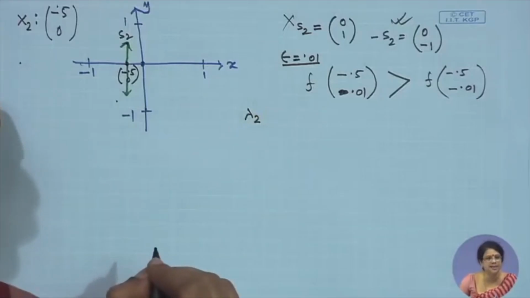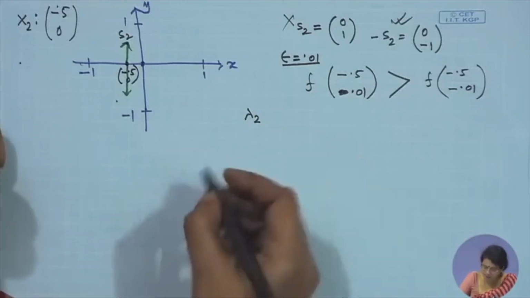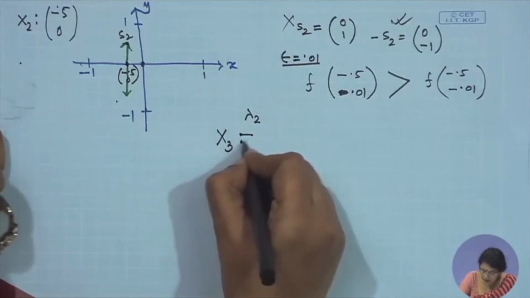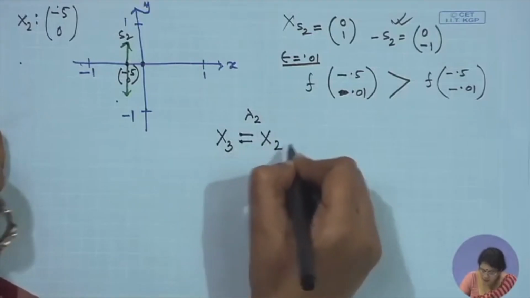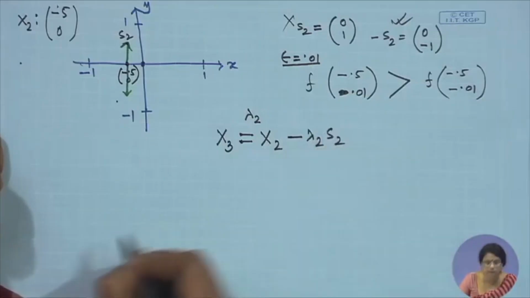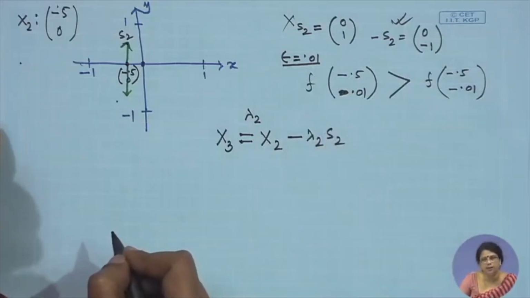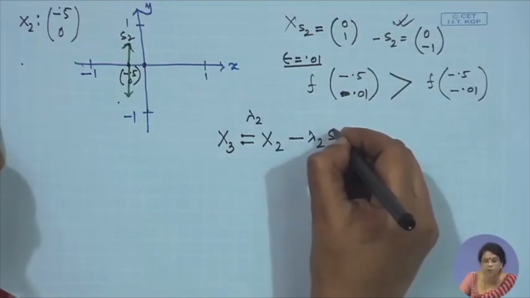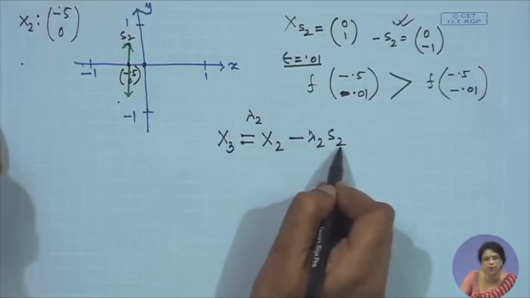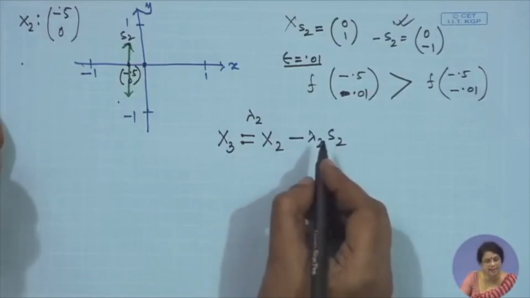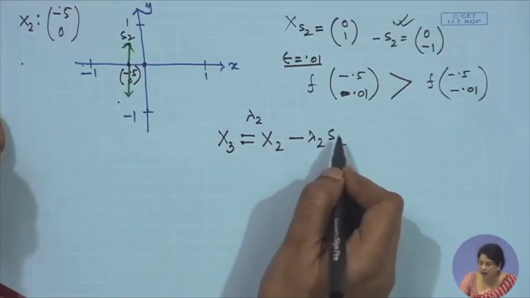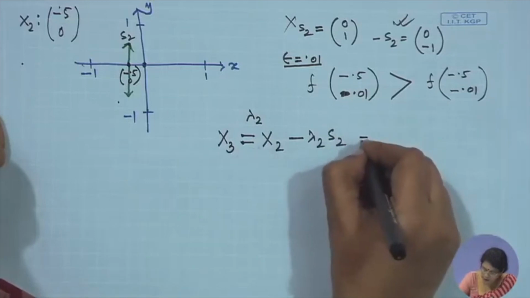If I consider lambda 2 as a variable, then next we will find the point x3, which is equal to x2 minus lambda 2 s2. If I were going in the positive direction, it should be x2 plus lambda 2 s2, but here we are considering the negative direction, that is why x2 minus lambda 2 s2.